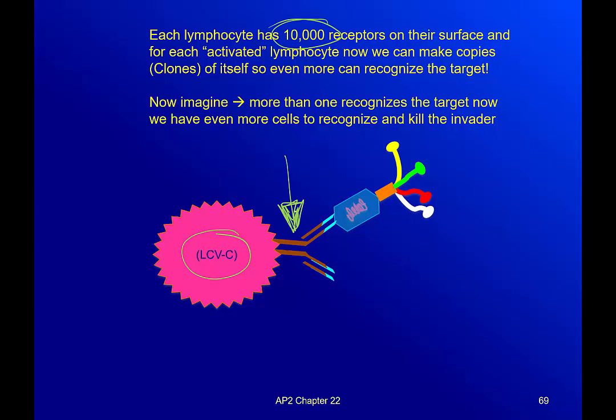So the receptors on the surface for each activated lymphocyte can now make copies or clones of itself, so even more can recognize the target. I'm building these armies. Now imagine more than one recognizes the target. We have even more cells that recognize and kill the invader.